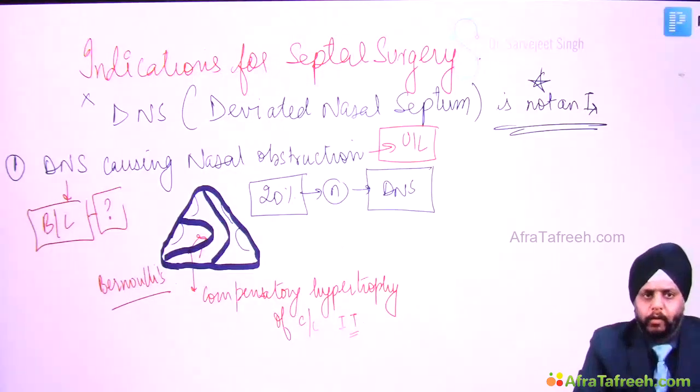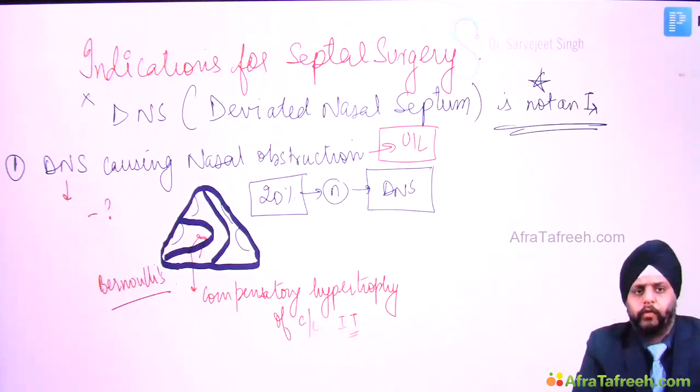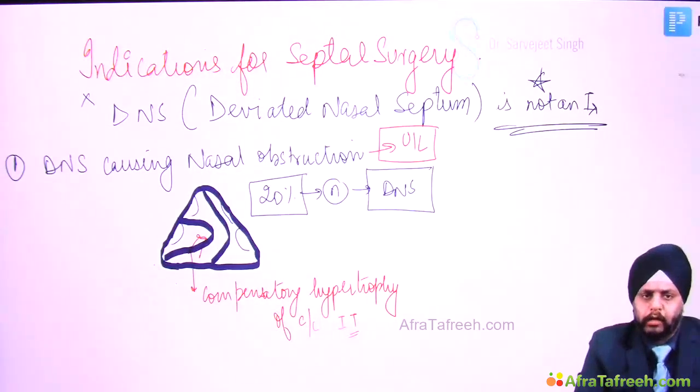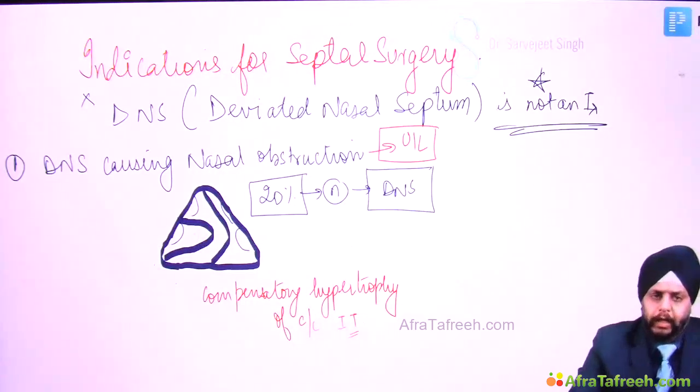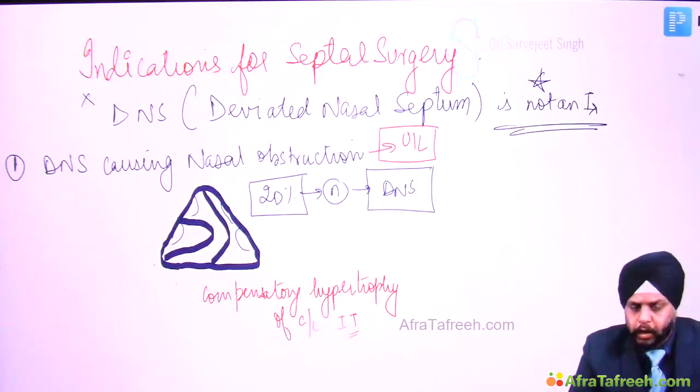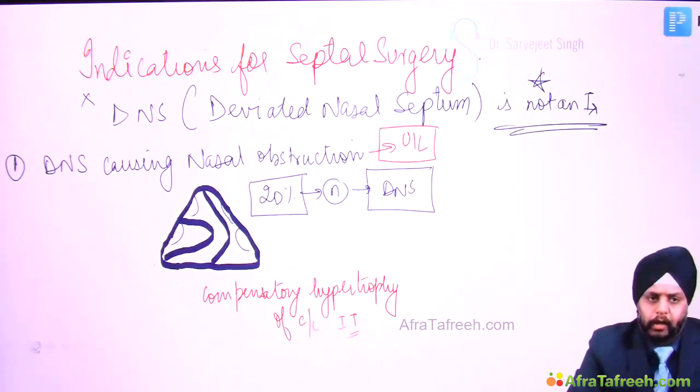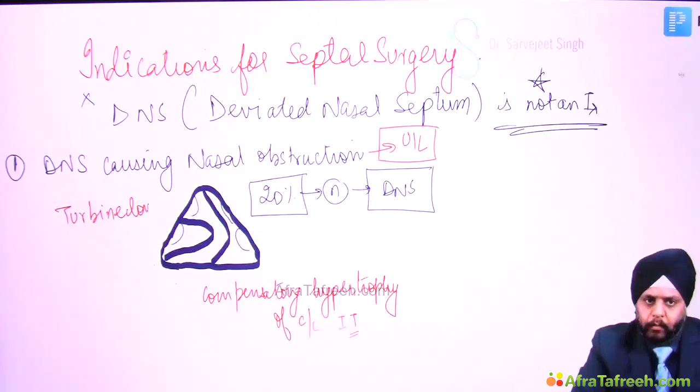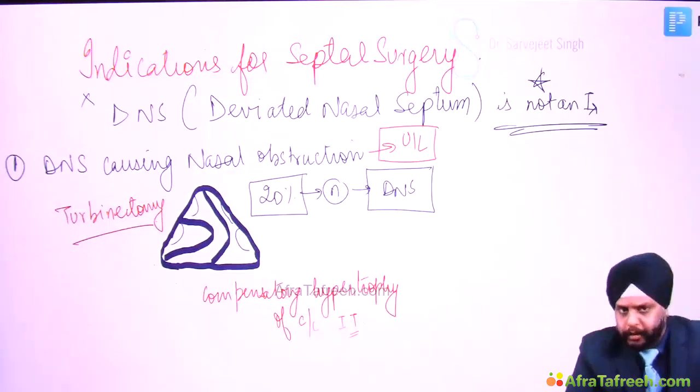In that scenario, we will need to correct this deviation. If the inferior turbinate is hypertrophied, we will also need to do a surgery and reduce the turbinate. We can reduce the turbinate with a surgery known as turbinectomy, in which you cut and remove the turbinate.